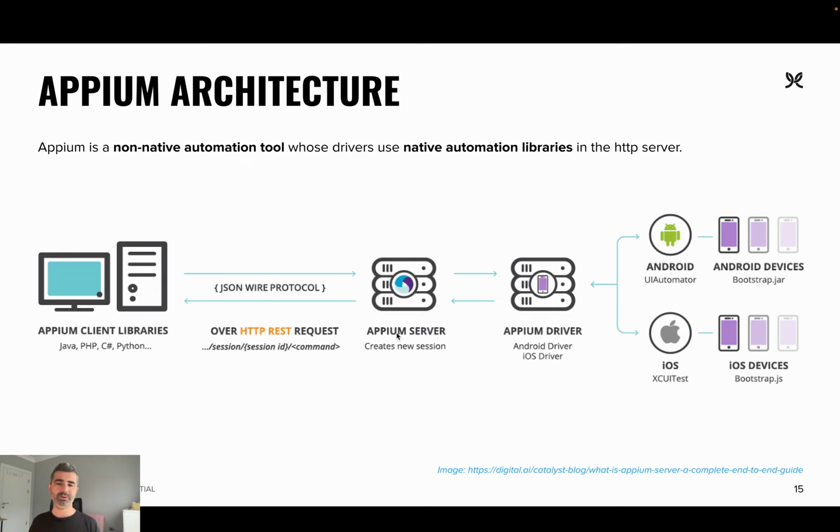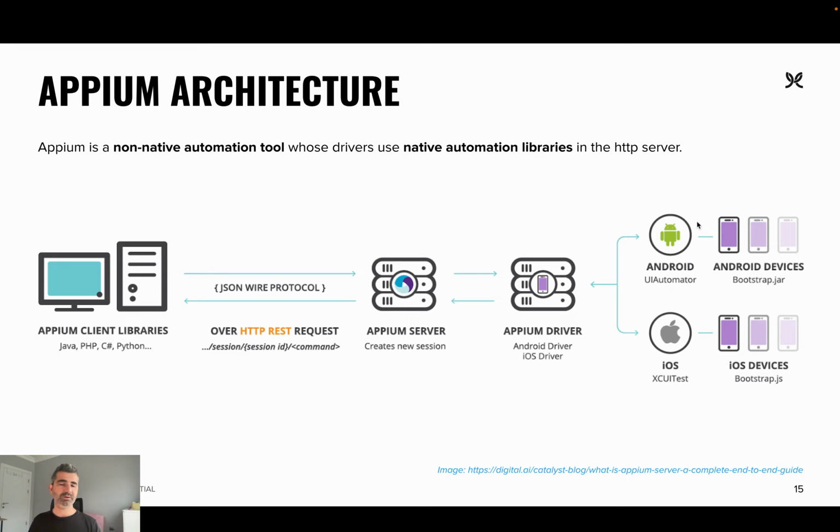This is the first part where your command will be converted into the Appium server command, and then the Appium server will send this command to the Appium driver, and the Appium driver has two kinds of driver. It can be Android or iOS driver, and when it comes to the Appium driver, then it is ready to interact with your application. For the Android one, it uses Espresso or UI Automator to interact with the UI elements.